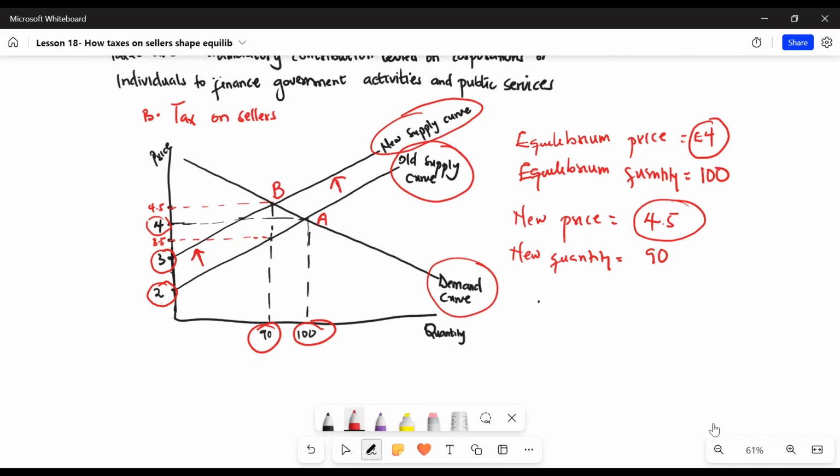So for every apple bought, the price has increased from 4 to 4.5, which means that the price buyers pay after the tax rises by 0.5 pounds. So the old price for buyers was 4. The new price now is 4.5. So the difference is 0.5.